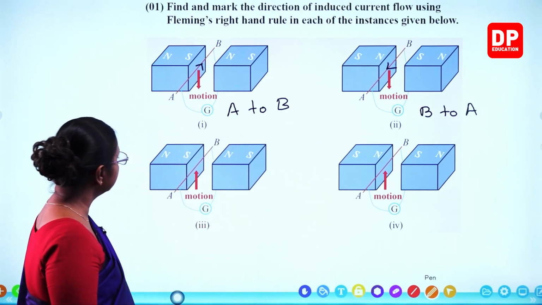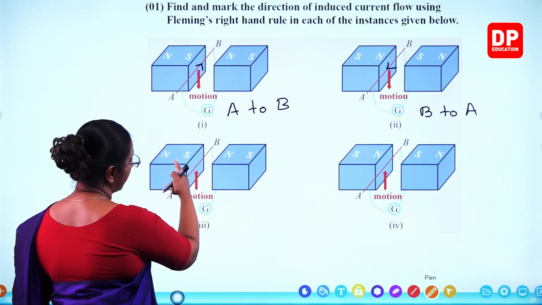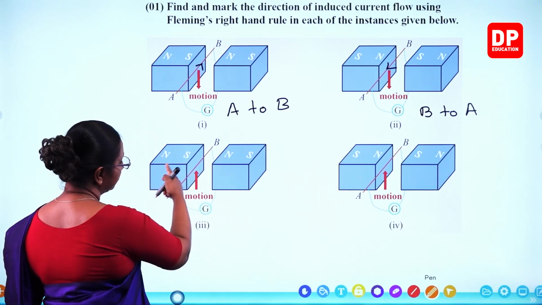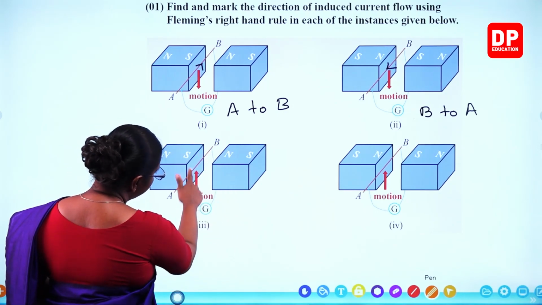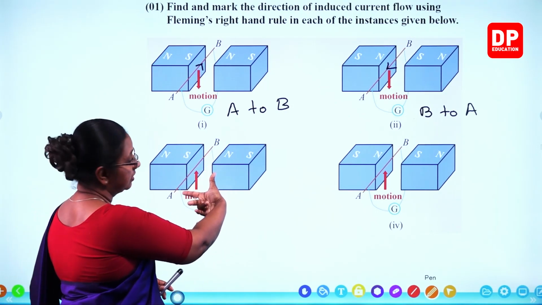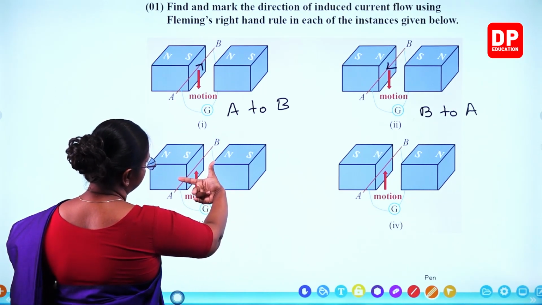If we look at the third instance, again you can see north to south. Here look at the diagram, north to south. So the field is going to be north to south and the motion is upwards. If it is upwards, what is the direction of the current flow?